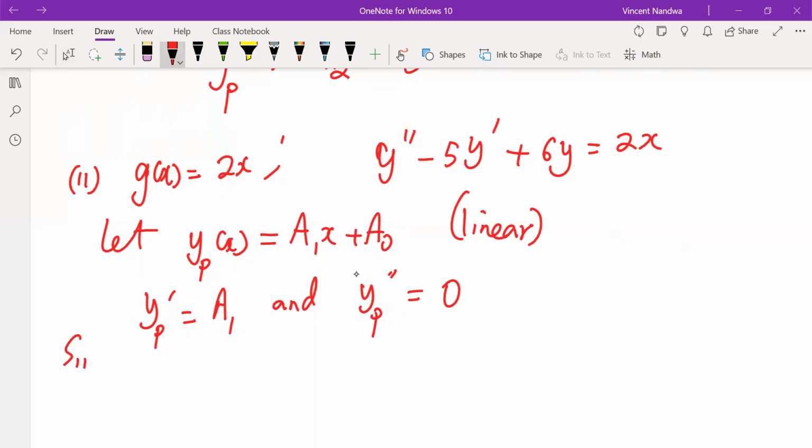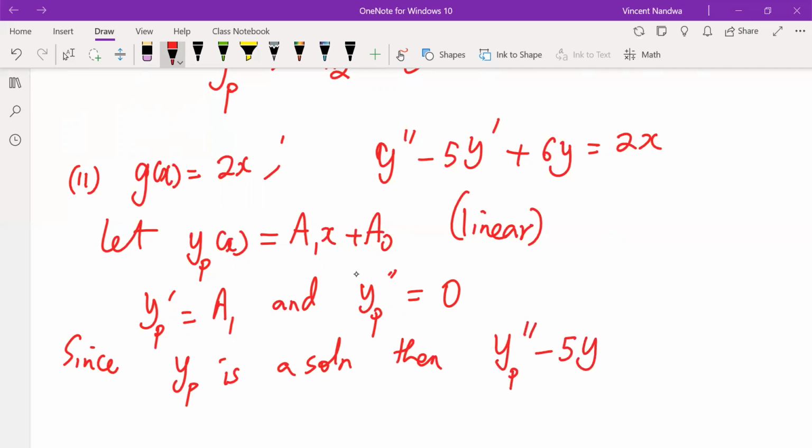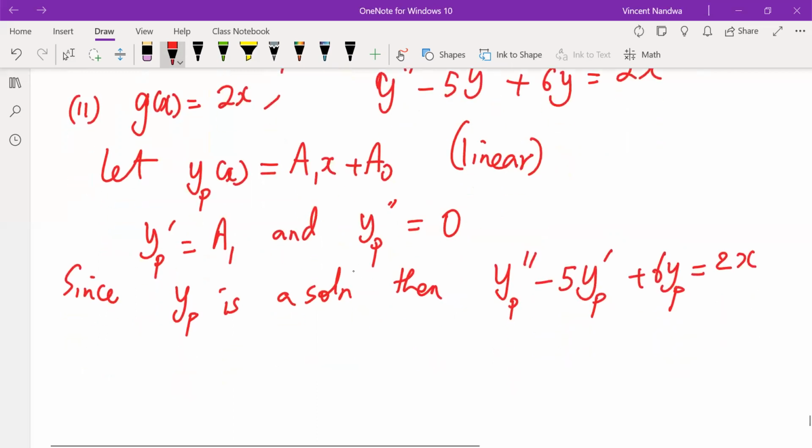Now, since yp is a solution, yp double prime minus 5yp prime plus 6yp should satisfy that given differential equation.